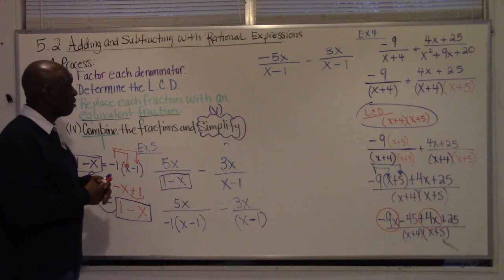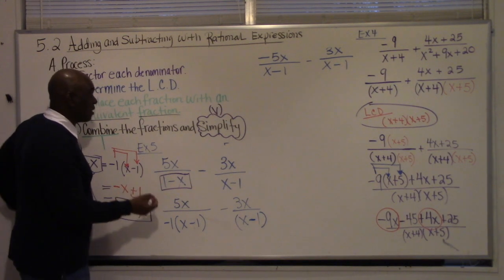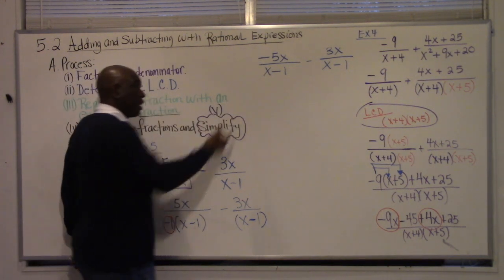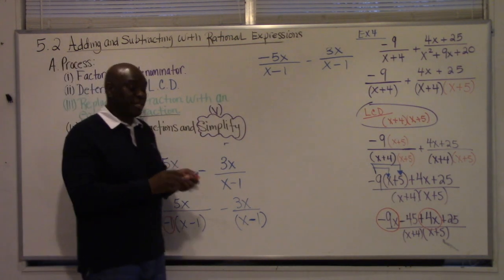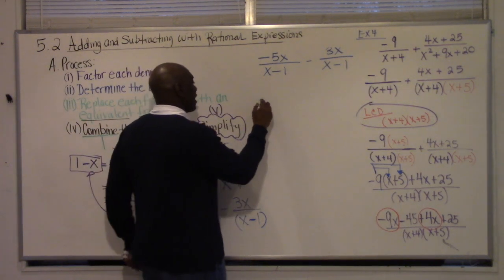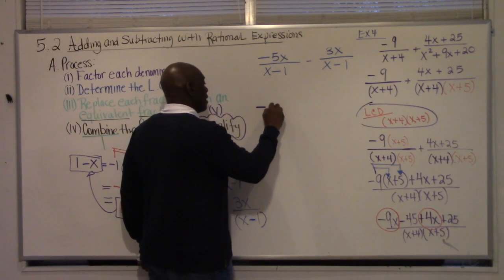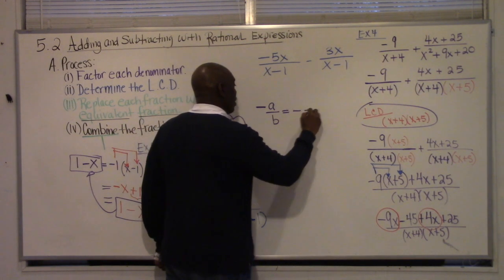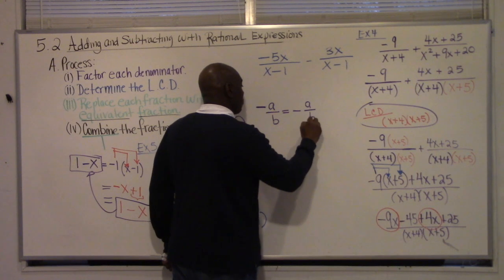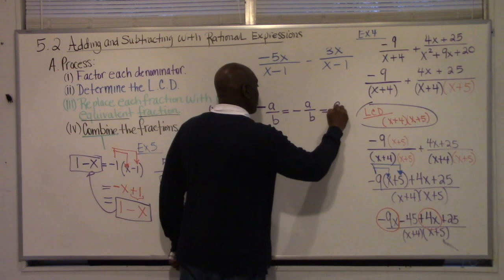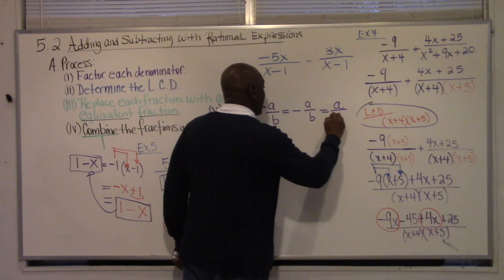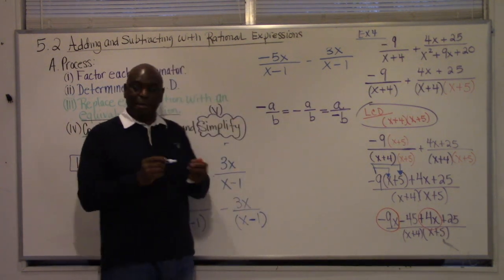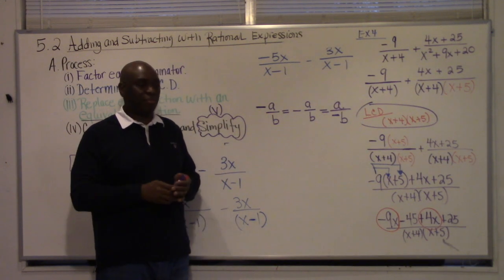Let me explain that. Well, Mr. Wright, why did you take this negative and bring it up to the front, to the numerator? I did it because negative a divided by b is the same thing as the negative of a divided by b, which is the same thing as a divided by the negative of b. It does not matter where you place the negative.